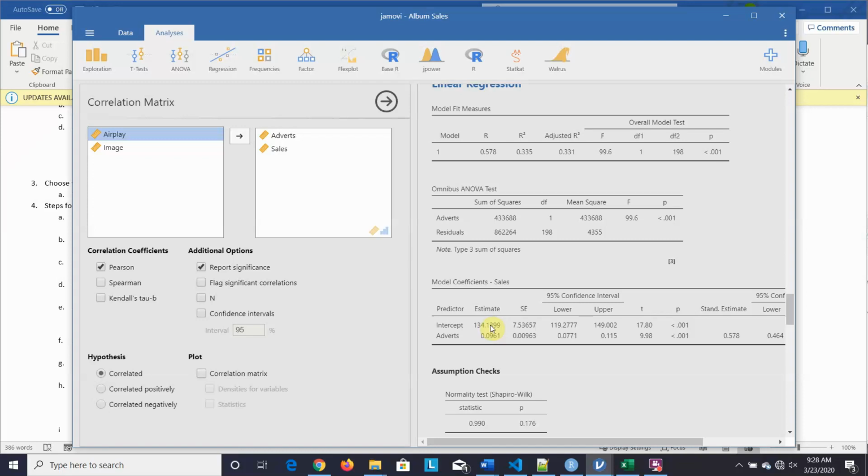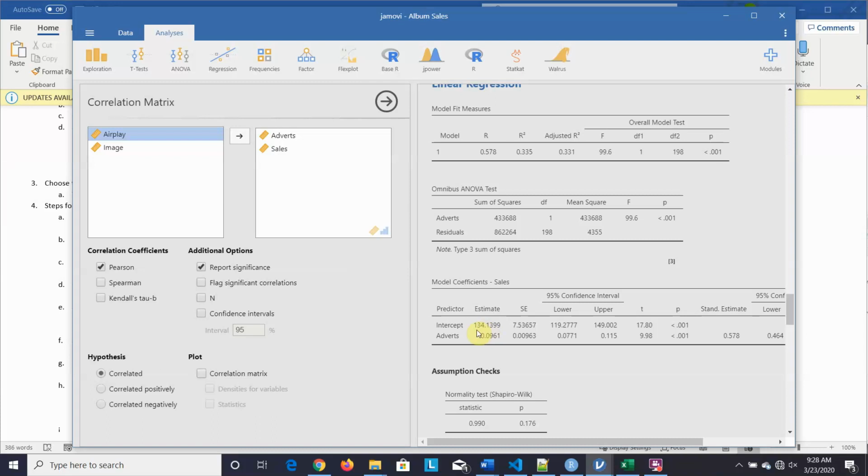And that is our value for sales when our advertising is 0. But of course, it's not 0. So then we wonder, how much do things change as advertising changes? How much does that impact sales?